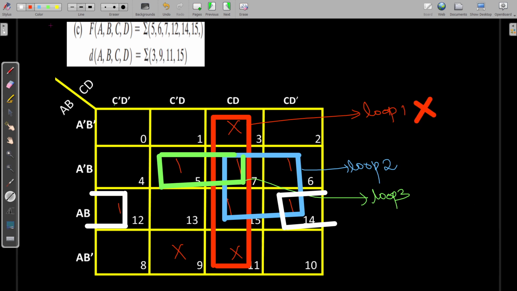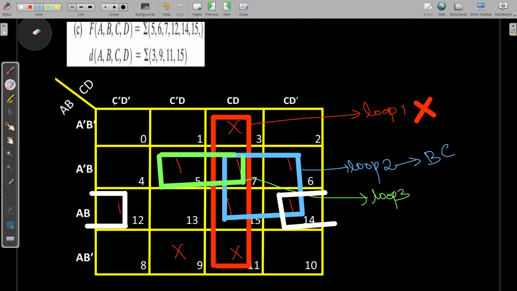Okay, so we go for loop 2. That can be written: these two, and here it is these two, right? So here A dash A get cancelled, we get B, we get B here, then C, because D and D dash get cancelled. Okay, this is for loop 2.